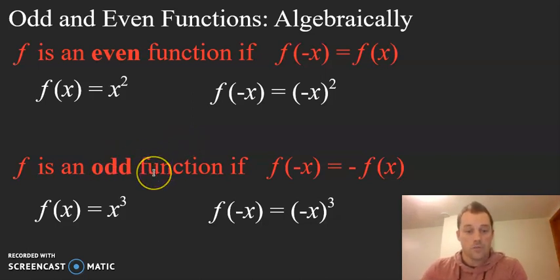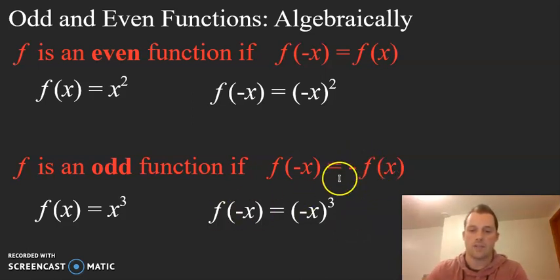For an odd function, the most basic example there is x cubed. And if we think about inputting a negative x value in there, when we cube a negative value, it'll give us a negative. And so that matches with this here.